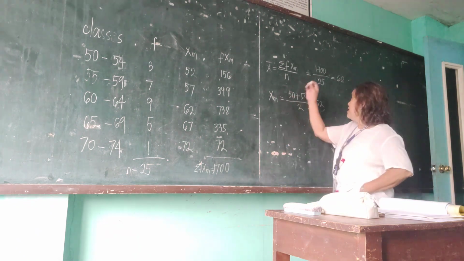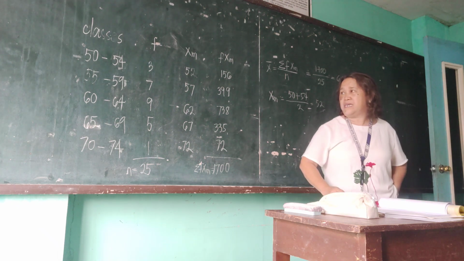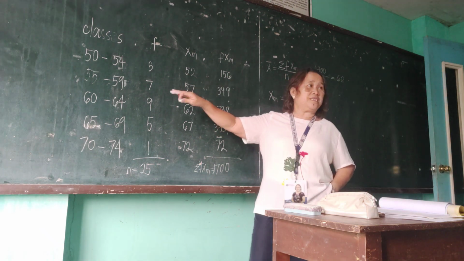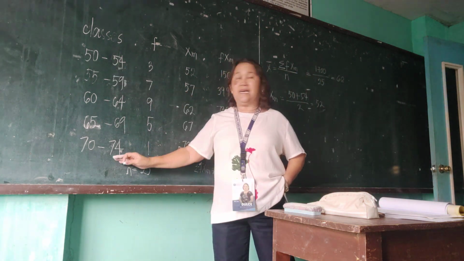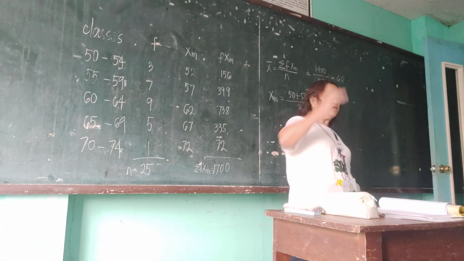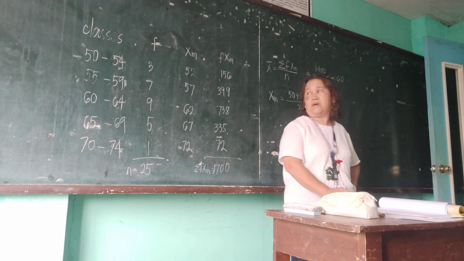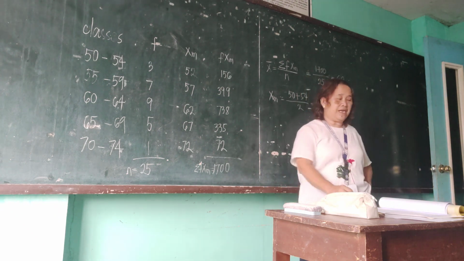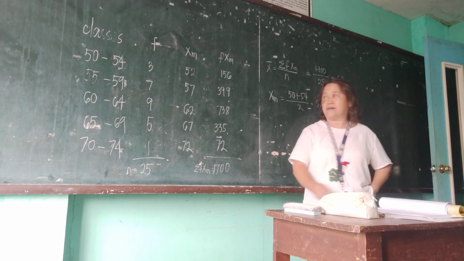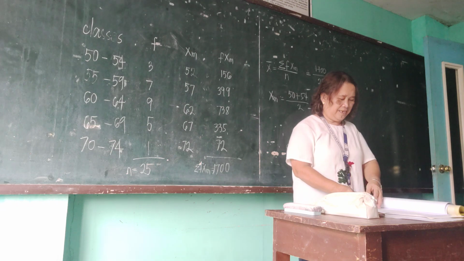Let's say your mean came out as 168, then you will notice immediately, since the lowest data is 50 and the highest is 74, that the mean should be within those two values, within the lowest and the highest limit. So this is now our mean.